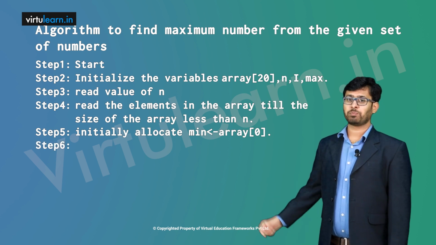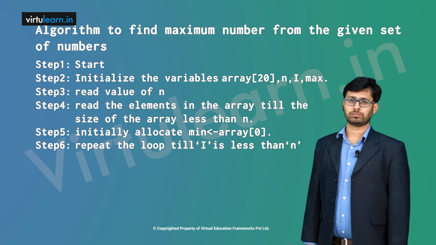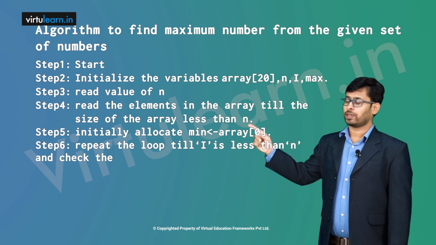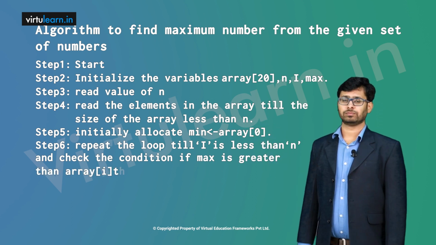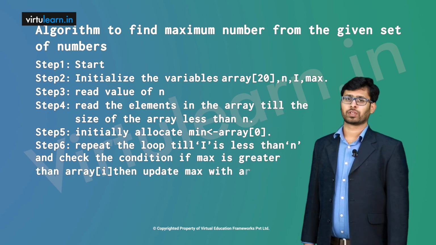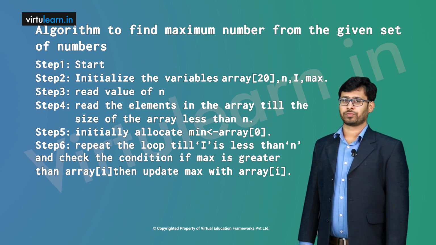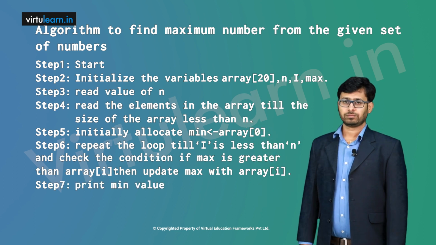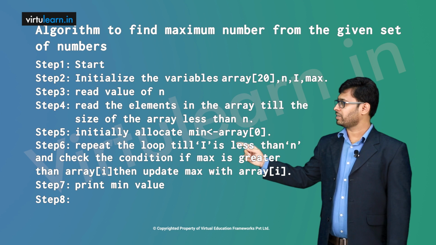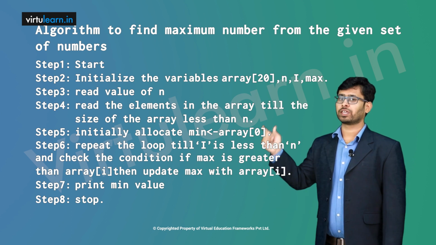Step 6, repeat the loop till i is less than n and check the condition: if array of i is greater than max, then update the maximum with array of i. Step 7, print the maximum value. Step 8, stop. So this is an algorithm to find the maximum number from the given set of numbers.